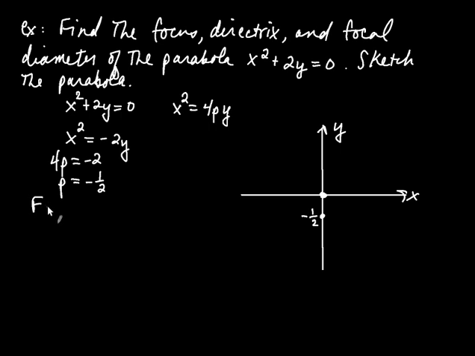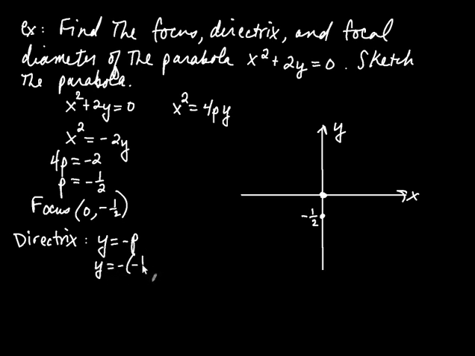So let's write down that the focus, which always has coordinates 0, p, in this case is 0, negative 1/2. And the directrix always has the equation y equals negative p. But here, p is negative. So it's the negative of negative 1/2, which is positive 1/2.